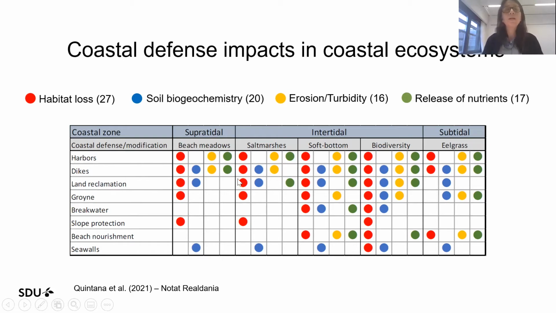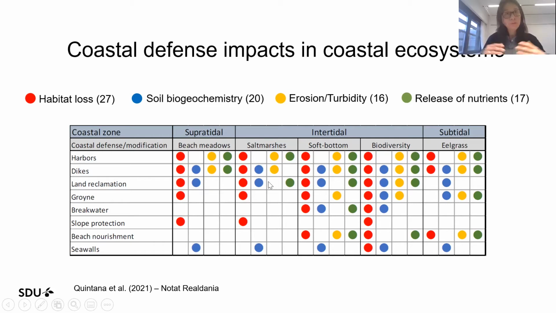What I mean by that is that when you drain an area that has been sea before, you are exposing the soil to the air, and that will increase CO2 emission, right? So it's a change in soil biogeochemistry. Sometimes the change in biogeochemistry can also be related to oxygen depletion in some areas. The release of nutrients is also caused by removal of vegetation to build these coastal defenses.